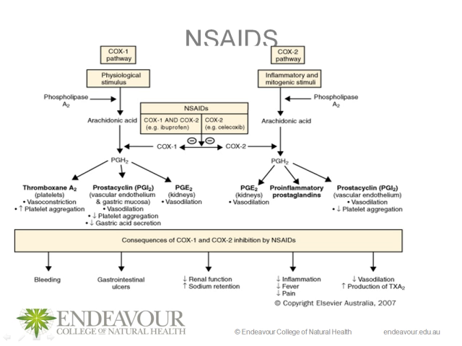Let's have a look at those 2 pathways. First of all, COX-1 pathway on the left. There is a physiological stimulus. This leads to an increase in phospholipase A2 activity. More arachidonic acid is made available.